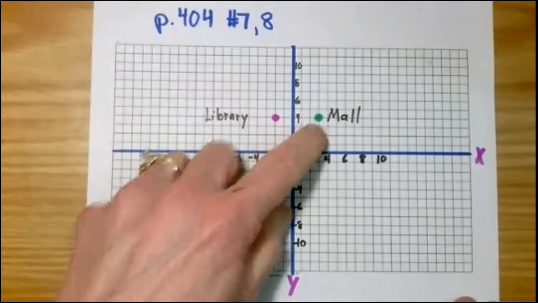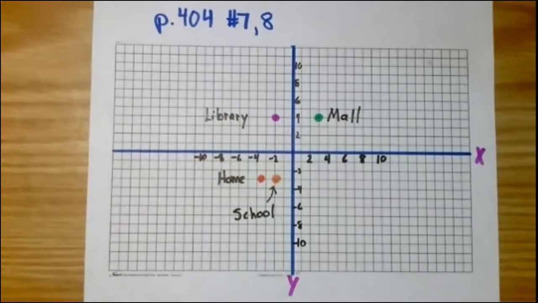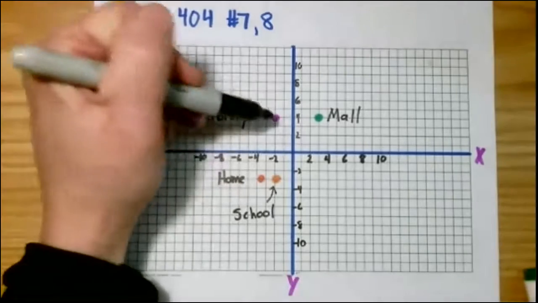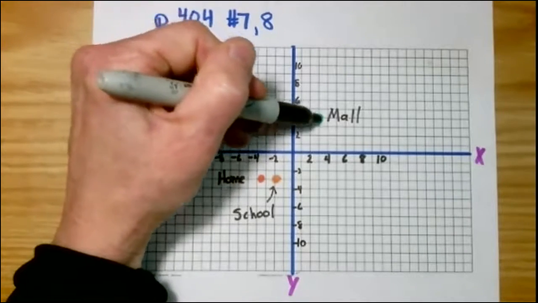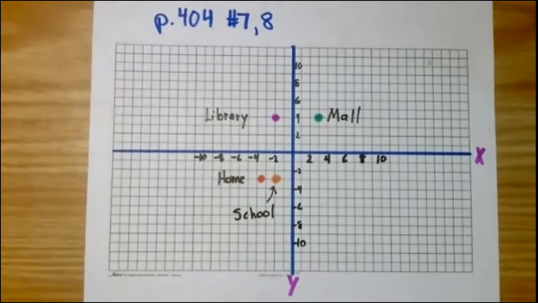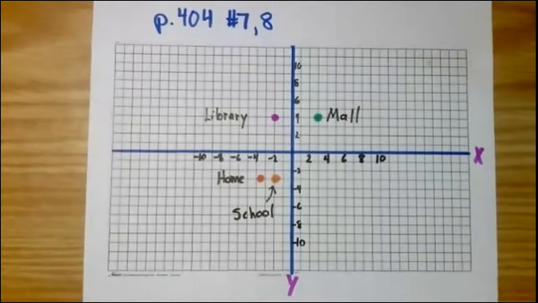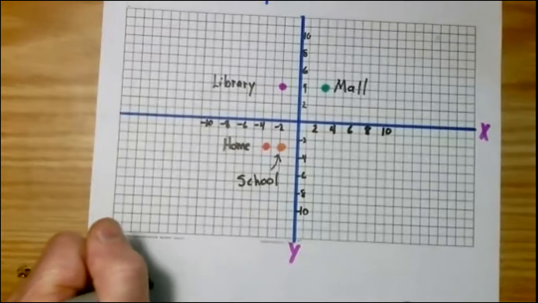So how many blocks is that? Well, this one we can just count if we want. So we will count. I'm going to use black on this, I think. So we go 1, 2, 3, 4, 5. How many blocks did she walk from the library to the mall? 5 blocks.